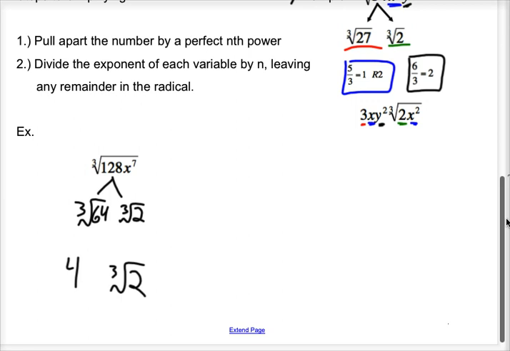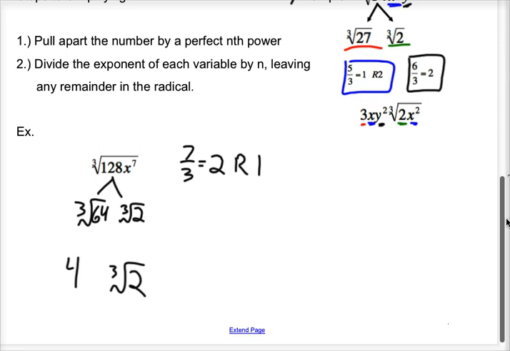All right, now I look at that x to the 7. So x to the 7, I think 7 divided by 3. Well, that leaves me with 2, because 3 times 2 is 6. Then I have that remainder of 1, okay? So I can pull out 2 full groups of 3, but then I have 1 left over.